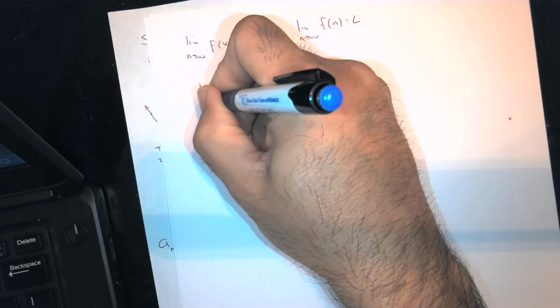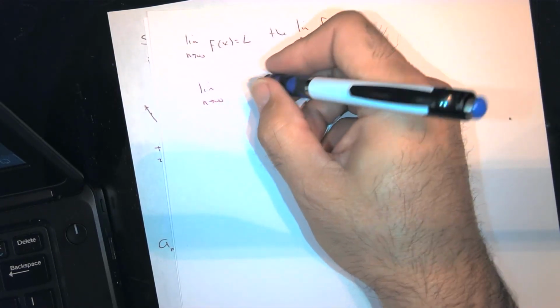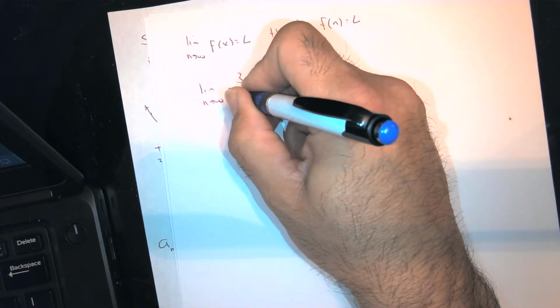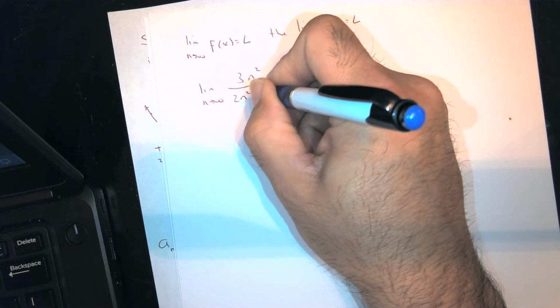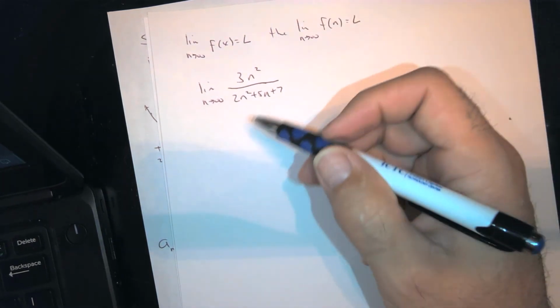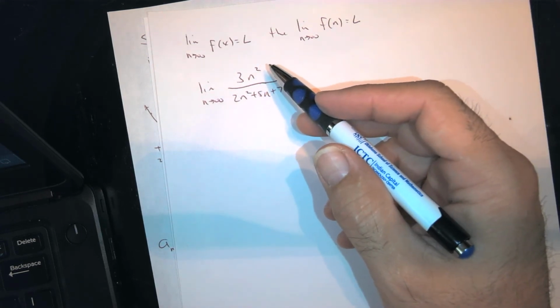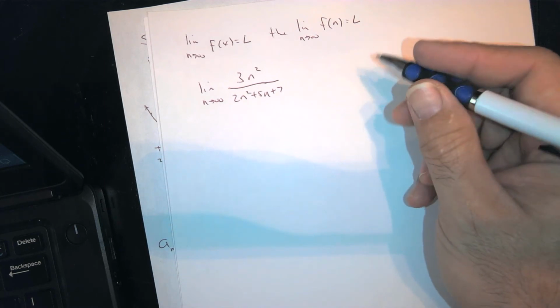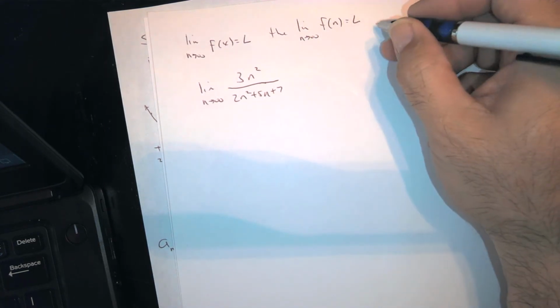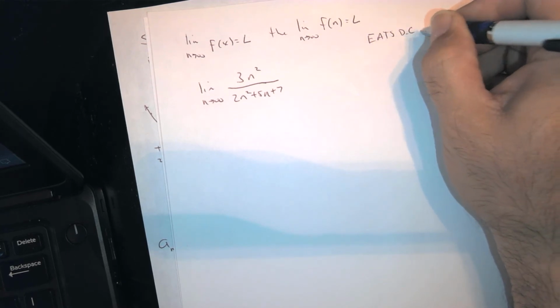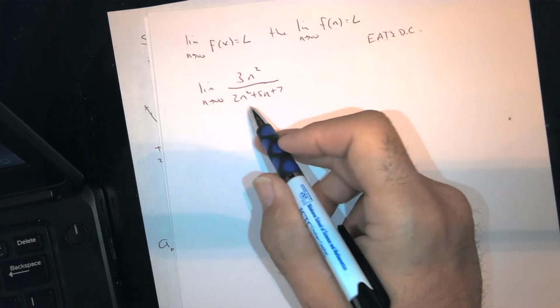Let's take a look at the limit as n approaches infinity of 3n squared over 2n squared plus 5n plus 7. Well, these problems are exactly like the Bobo Botan eats DC thing. Remember that? The eats DC. But you're going to say, well, that's not a function.